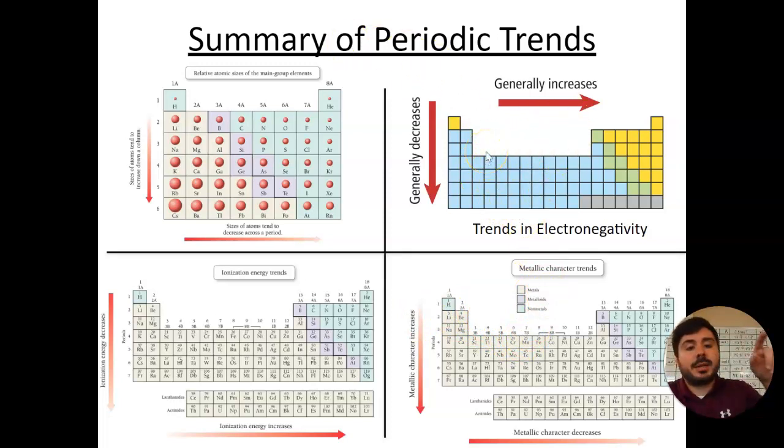Those arrows represent all of the different trends: generally increases, generally decreases, etc. Use this slide to help you, as well as the make-your-own periodic table trends packet we worked on the other day in class.